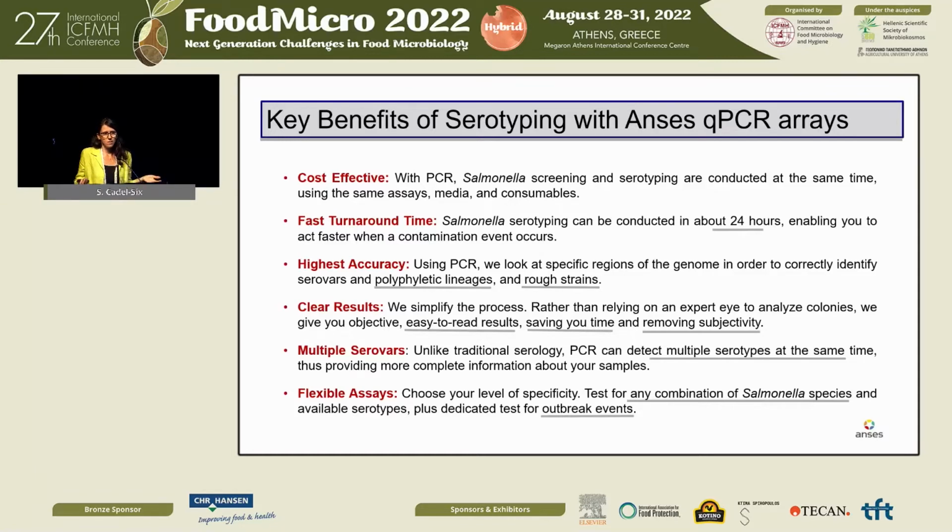And the results are objective, easy to read, and as I tried to show you, it's really flexible. We can target several prevalent serotypes because we want to investigate special food sectors, or just one serotype in case of outbreak or identification of serotypes along food production streams. So we can really design the test on demand following the need.